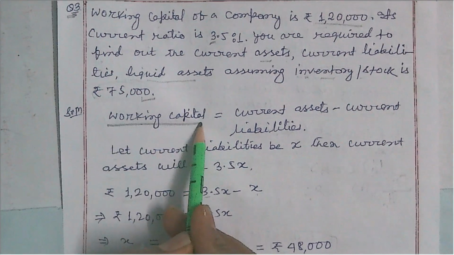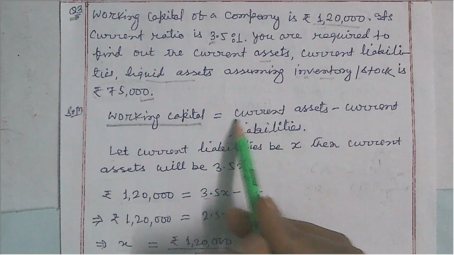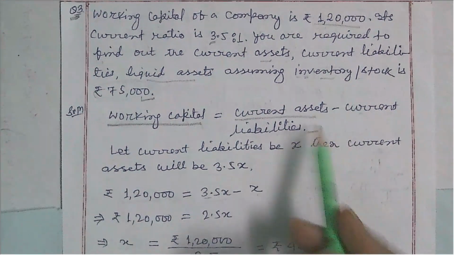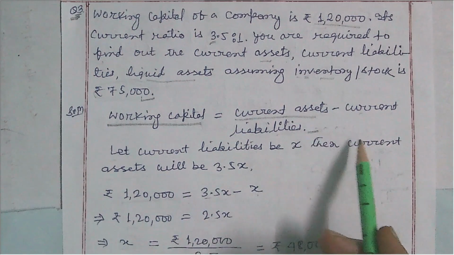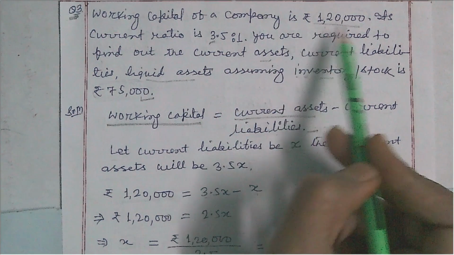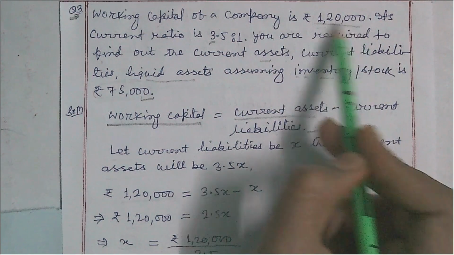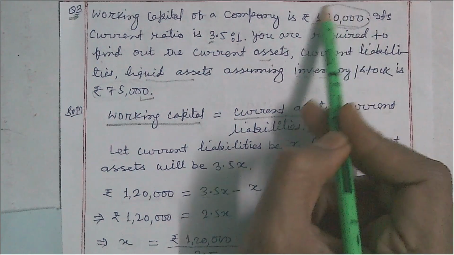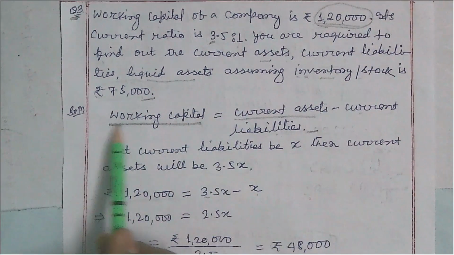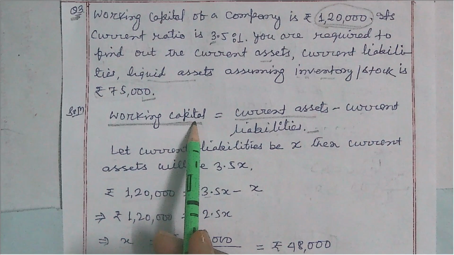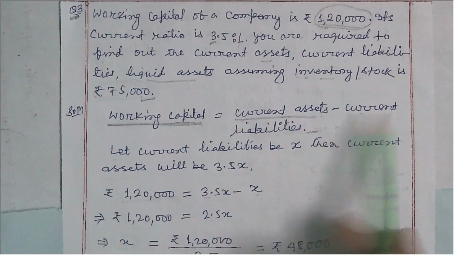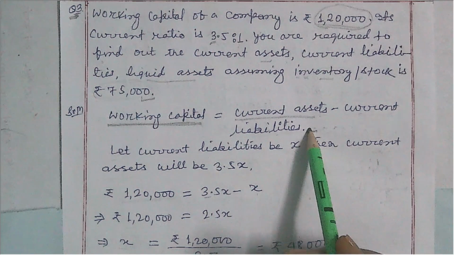Working capital equals current assets minus current liabilities. This is another formula. When the working capital of a company is given as 1,20,000, then we use this formula: working capital equals current assets minus current liabilities.